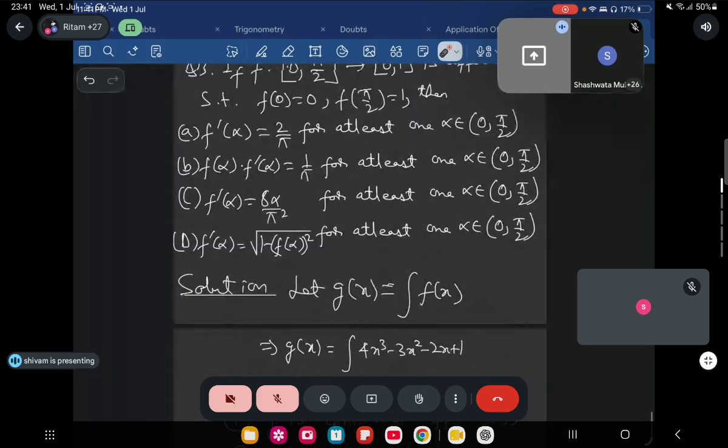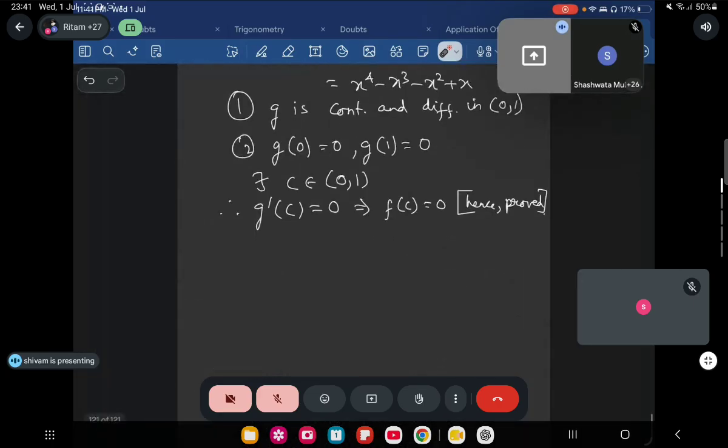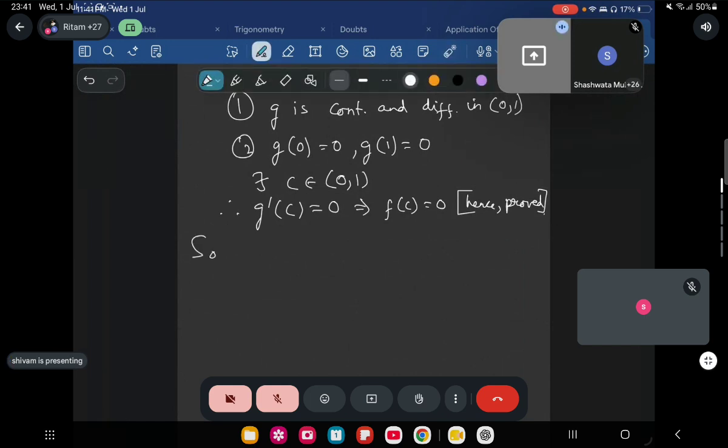So, for option A, what function should we take? f of x equal to 2x by pi. Right, tell me.